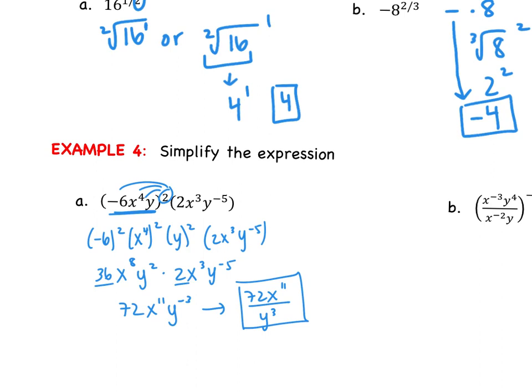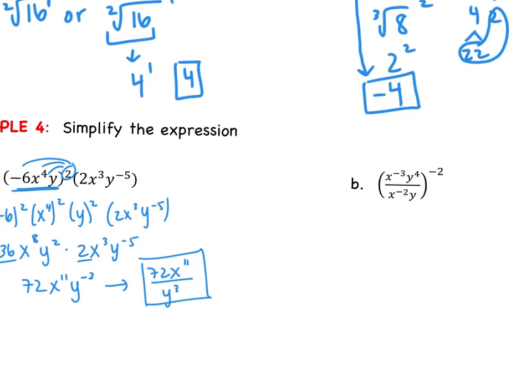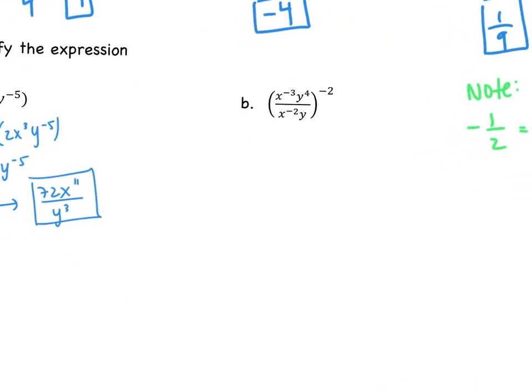Questions before we look at our last example? Okay, last one. So we have two things to deal with. We have this fraction to simplify, and we have that exponent. We can do either one first, it doesn't matter. So option number 1, we can simplify the fraction.